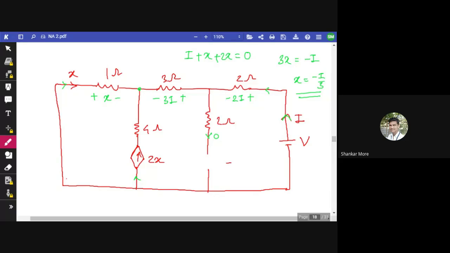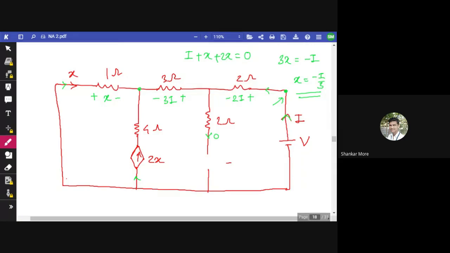Okay. Yeah. All right. So see, what is the voltage here at this point? Voltage V is there, right?